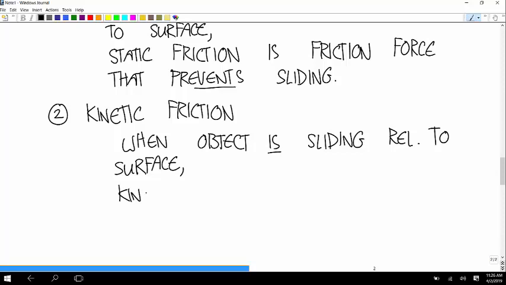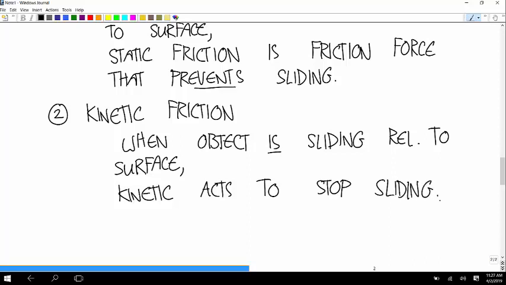Kinetic friction acts to stop the sliding. I mean, it doesn't necessarily achieve that, but that's the direction of the force, it's always trying to make it stop.